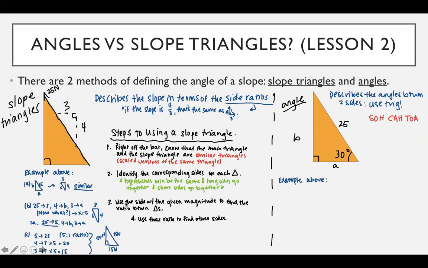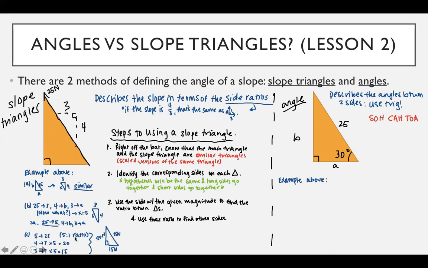Then you use the sides of the given magnitudes to find the ratio between the triangles. Here you're given that the hypotenuse of the yellow triangle is 25 newtons, and you know that the hypotenuse of the small triangle is 5. So it's a scale from 5 up to 25. That means every side on the small triangle is going to be multiplied by 5 to get to the sides on the larger triangle.